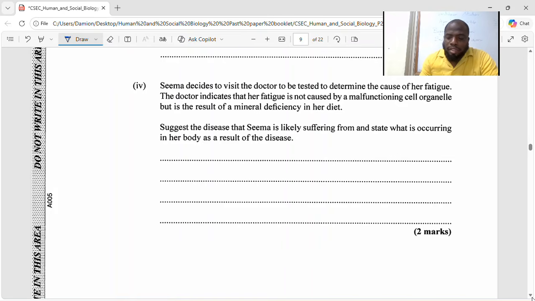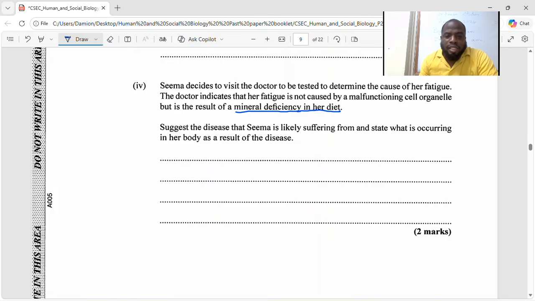Seema decides to visit the doctor to be tested to determine the cause of her fatigue. The doctor indicates that her fatigue is not caused by a malfunctioning cell organelle, but is the result of a mineral deficiency in her diet.